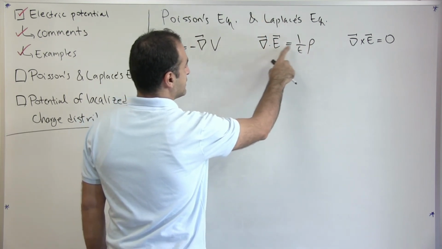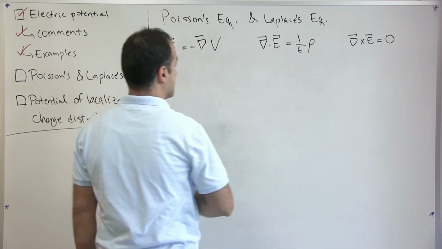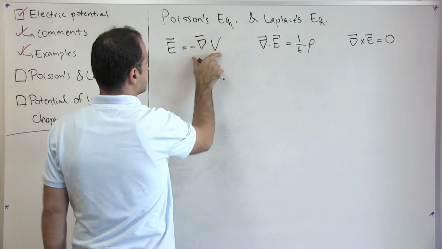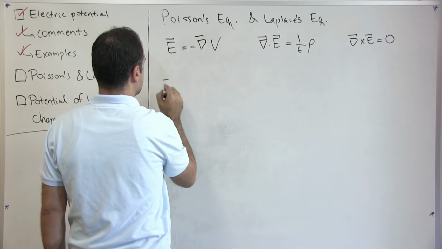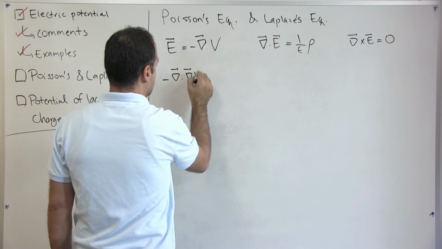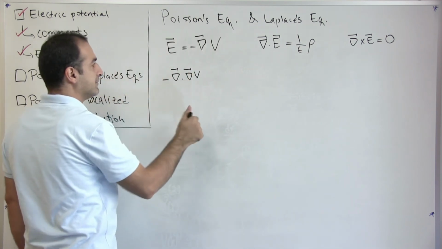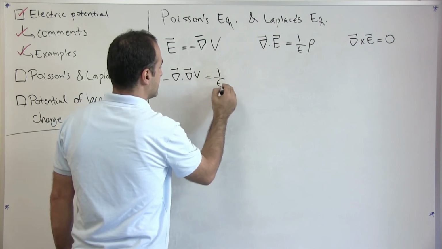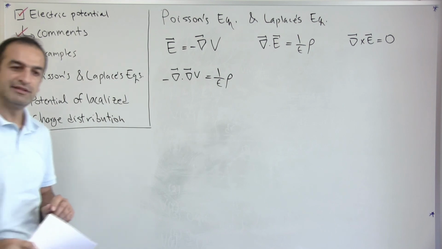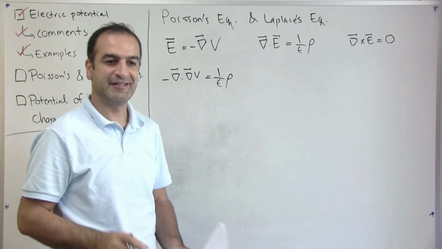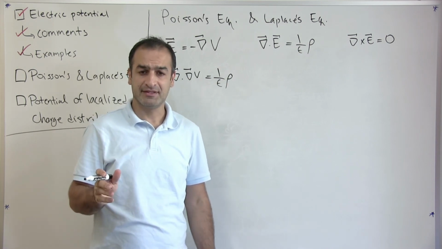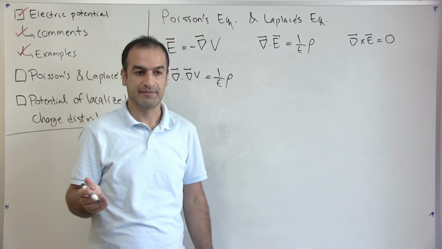But now let's look at this one. Divergence of E is proportional to charge distribution. And if I substitute and write the electric field in terms of the negative of the gradient, what I have is negative of the divergence of the gradient of V is rho over epsilon 0. Divergence of the gradient, I don't know if you remember, is very famous because it happens a lot in physics, and people call that the Laplacian.